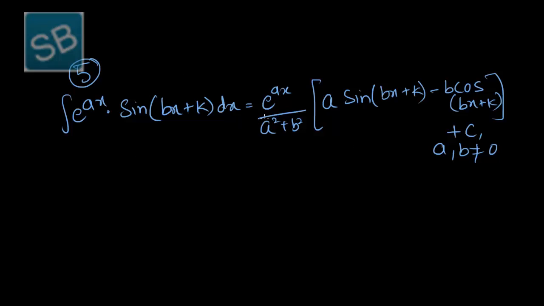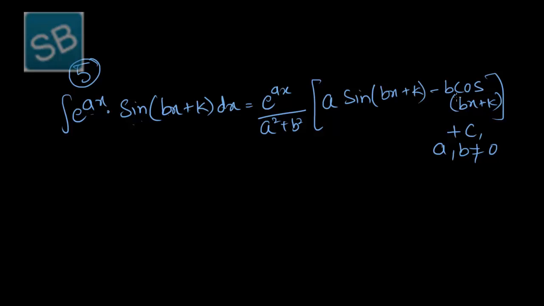If you see, you have to learn it like this: e raised to power ax divided by a square plus b square into a into sine of this minus b into cos of this. That is the derivative. If you see, the integration of sine is minus cos.